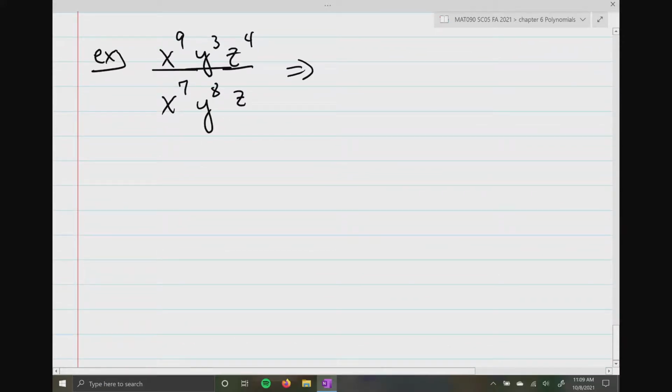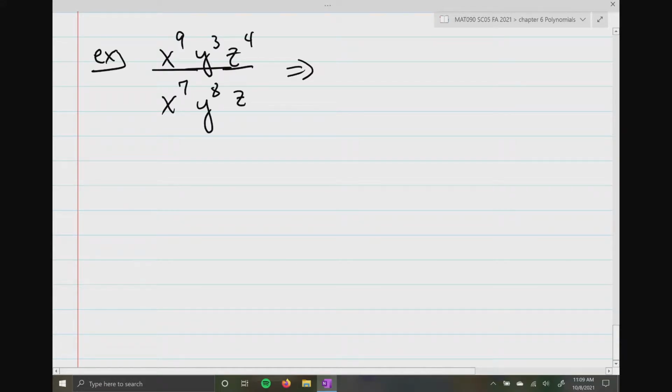All right, now, for me, I take a step back and I look and I go, okay, I have x, y, and z in the numerator. The question becomes, do I have x, y, and z in the denominator? If the answer is yes, then you know bases are the same, subtract the exponents.